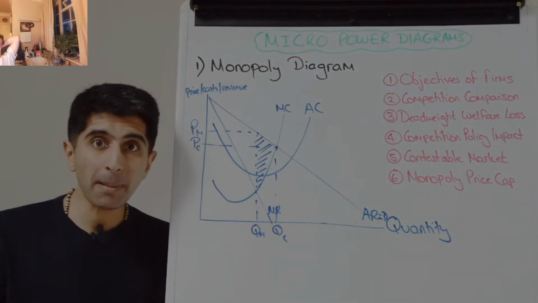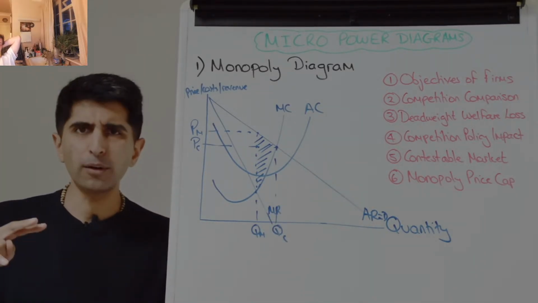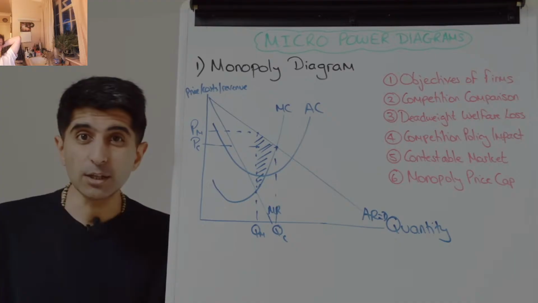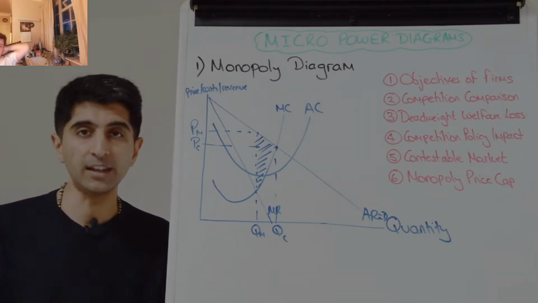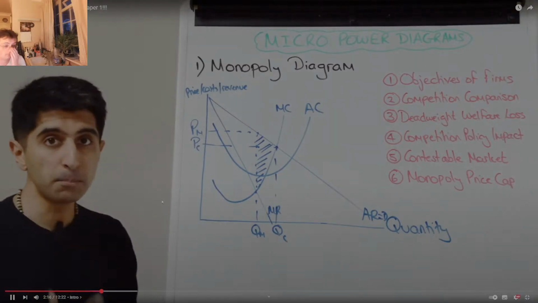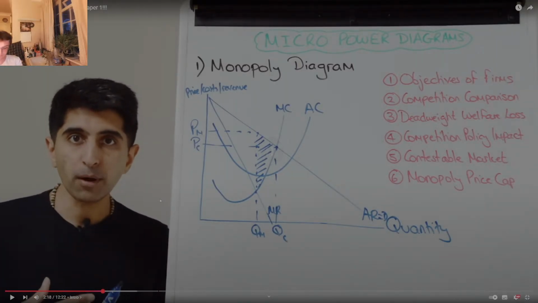We can also show the impact of competition policy, like privatization, deregulation, even nationalization. We wouldn't call that a competition policy, but all the outcomes of those are to move away from monopoly. Ways to move away from monopoly power.